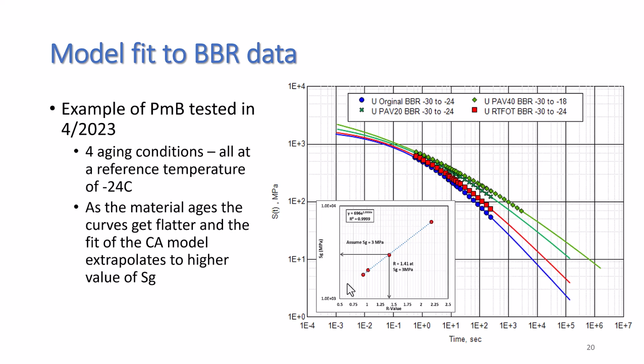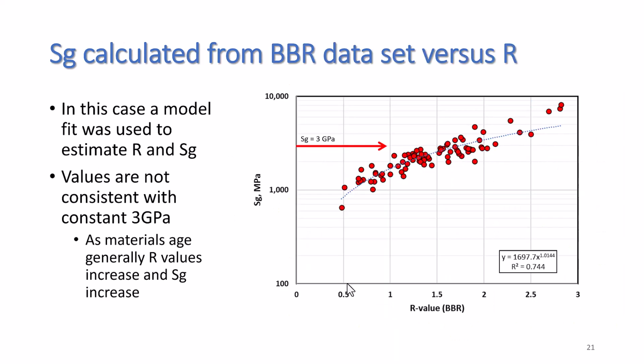Now, taking this type of analysis and doing this with a larger data set, so this is now doing this analysis with the data set that I showed in one of those earlier slides. This shows how the R value calculated from curve fitting and the glassy modulus vary over a range of conditions.